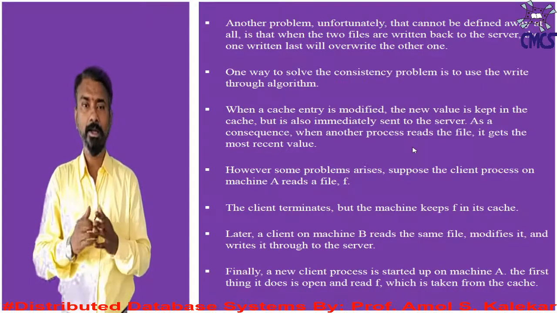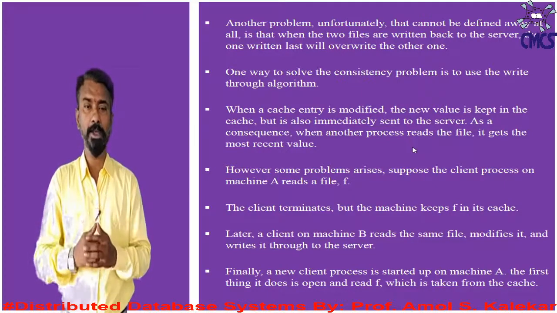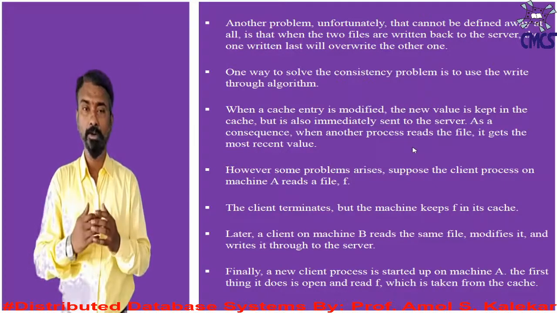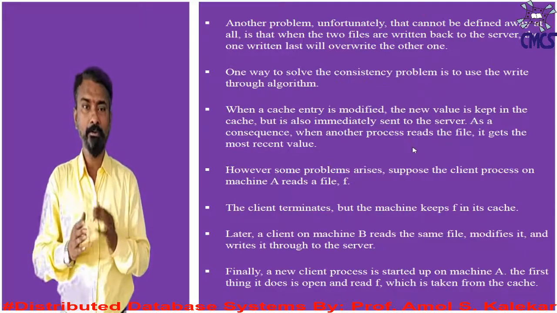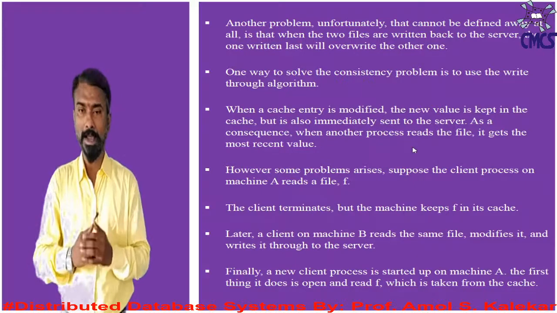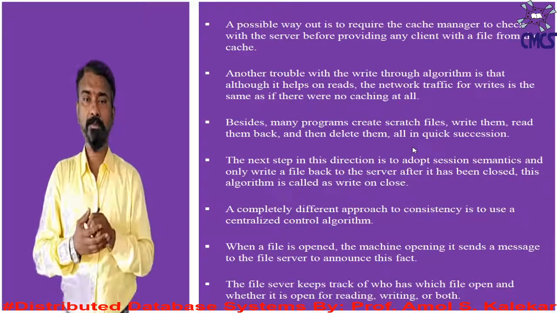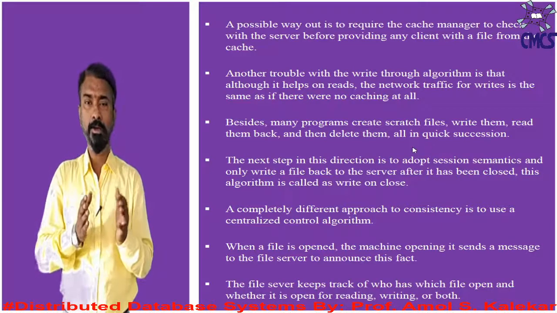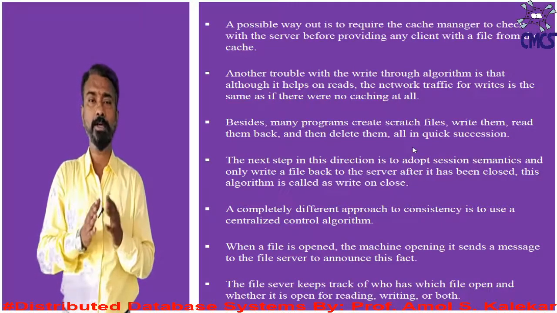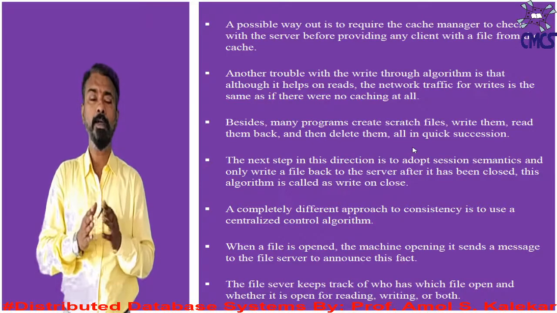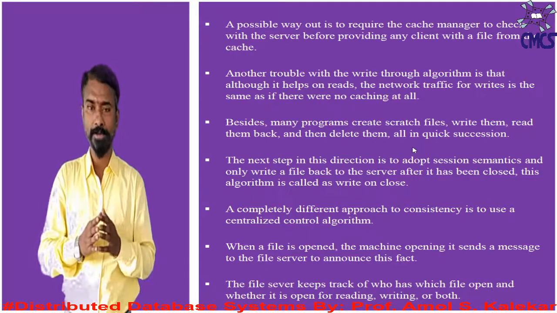And finally, a new client process is started up on machine A, and the first thing it will do is open and read the file F, which is taken from the cache. Okay, now a possible way out of this is to require the cache manager to check with the server before providing any client with a file from the cache.